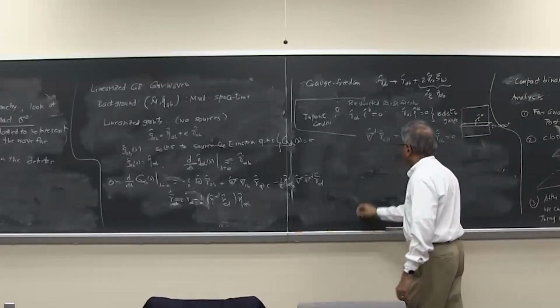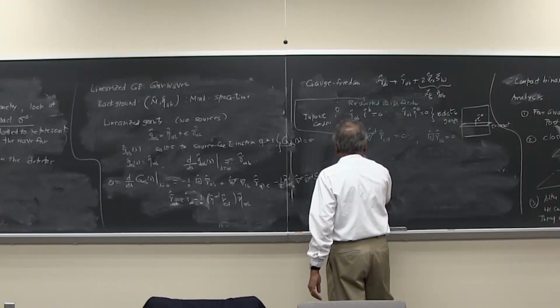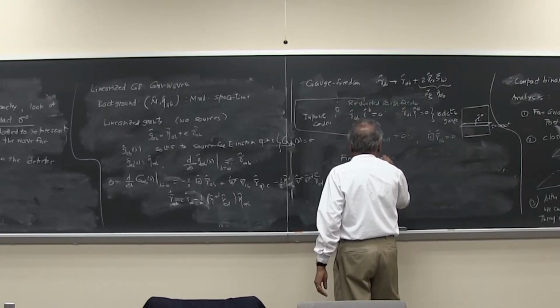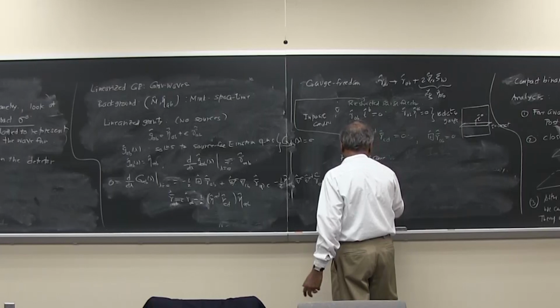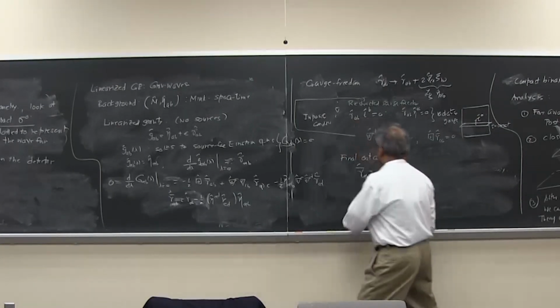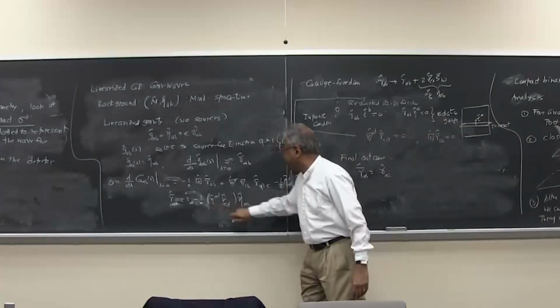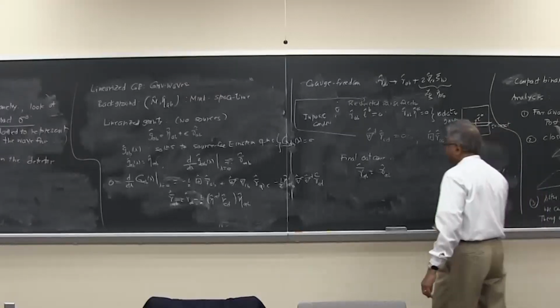Once you have done all this, satisfying this gauge, the final outcome is that, first of all, gamma bar hat AB is equal to gamma hat AB. Bar is the same as that because trace is 0, and the two differ from each other just by the trace. So they are the same.